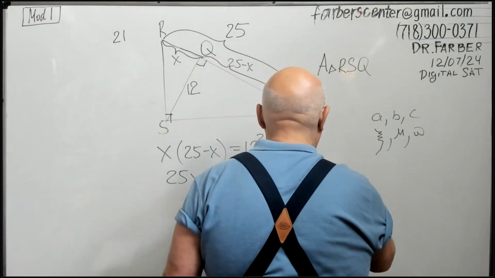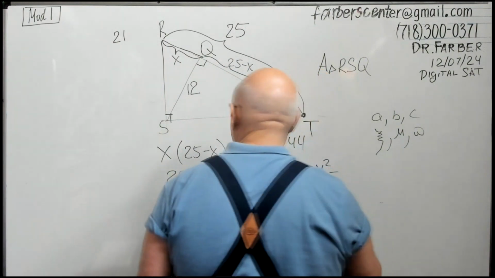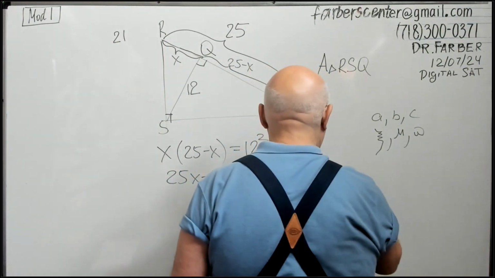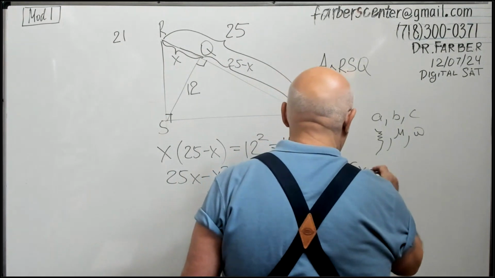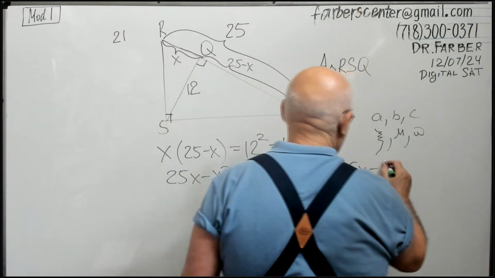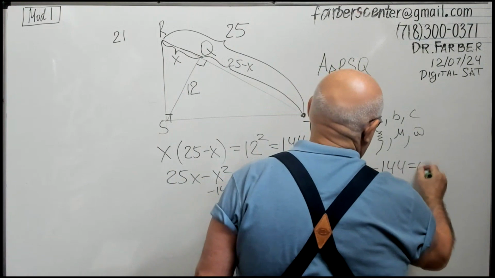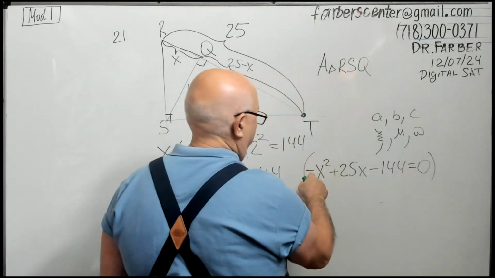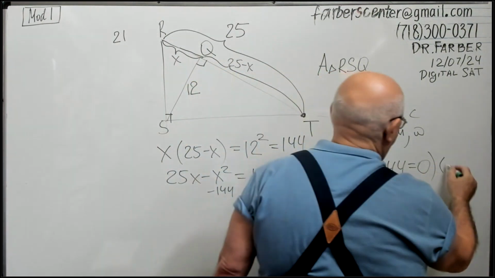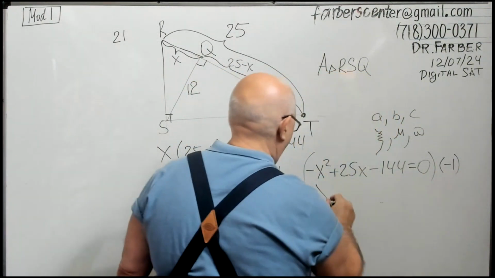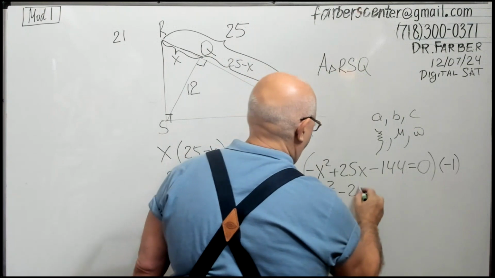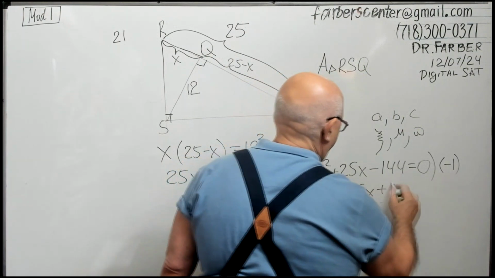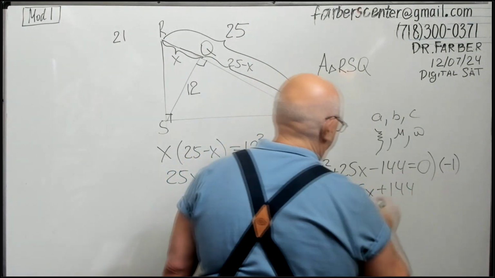Negative x squared plus 25x minus 144 equals 0. Or multiplied by negative 1, I need the leading coefficient positive. You have x squared minus 25x plus 144. Easy.